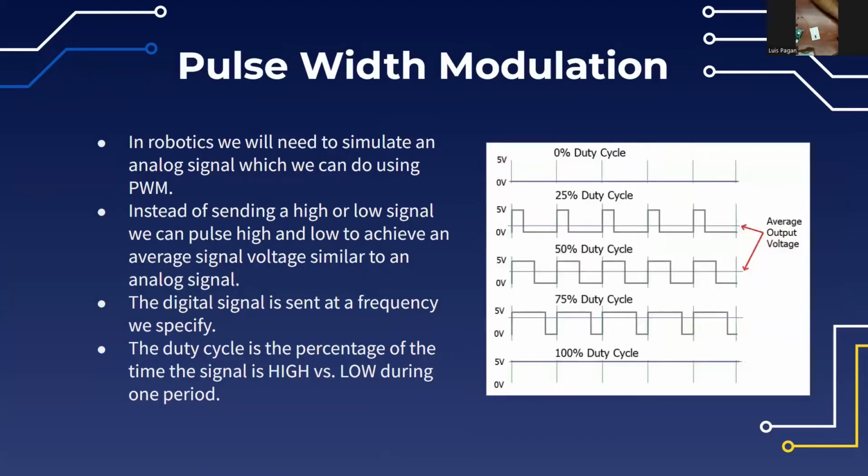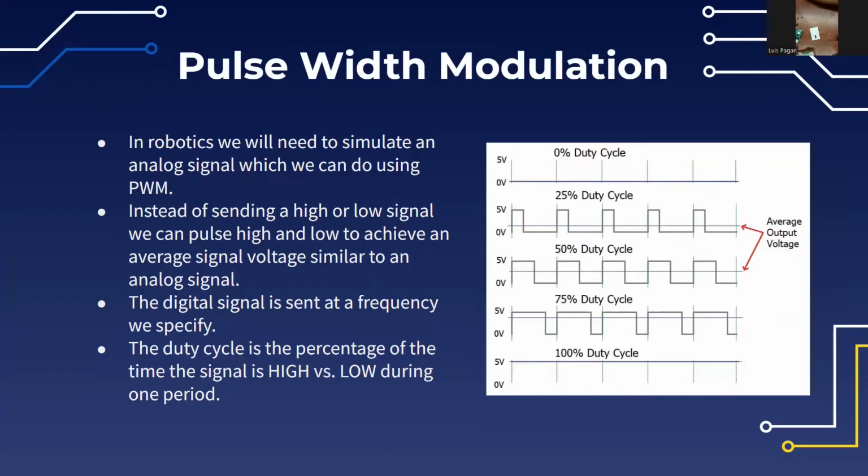Now let's move into pulse width modulation, PWM. Like I mentioned, we sometimes want to output a signal that isn't 0 or 5. We can't exactly just output that analog signal because we can't generate that range of voltages.